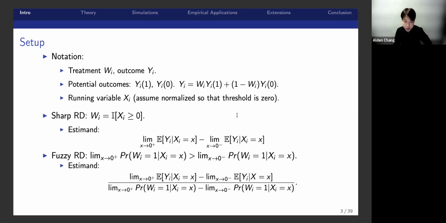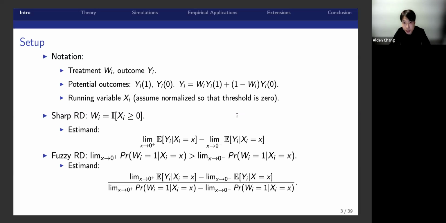Now I'll describe RD more formally and also introduce some notation and terminology. We have a treatment variable Wi, and we are interested in its effects on an outcome Yi. I'll use the usual potential outcomes notation, Y1 and Y0, which respectively describe the outcomes of an individual if she's treated and if she is not.